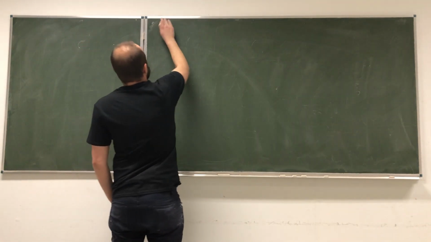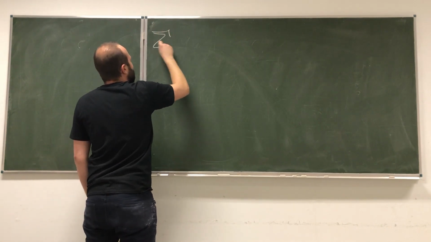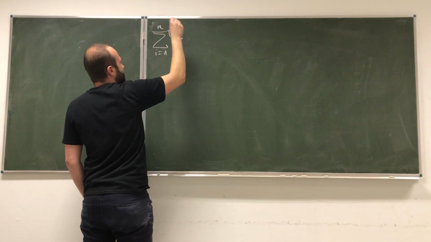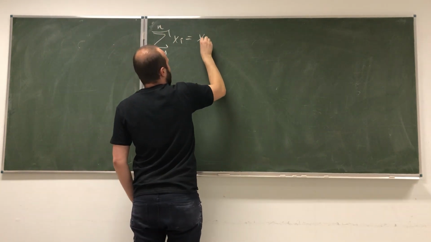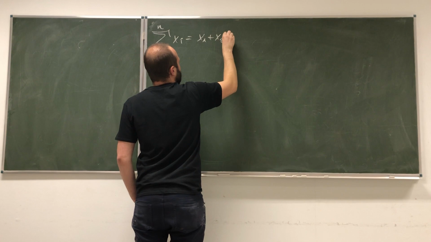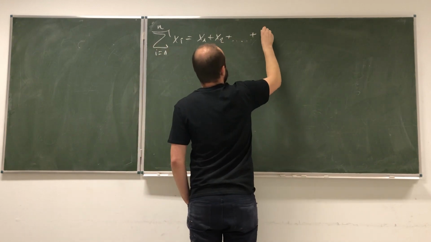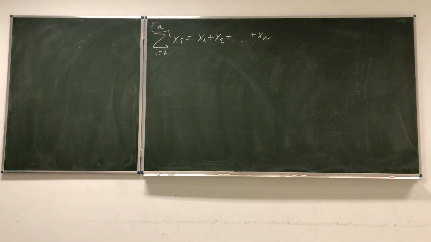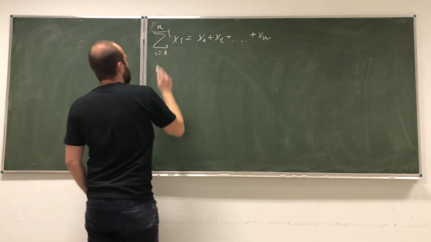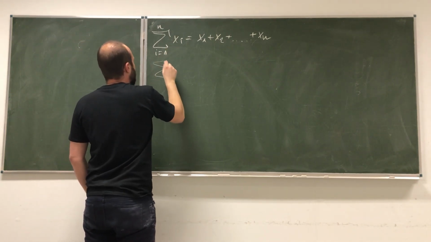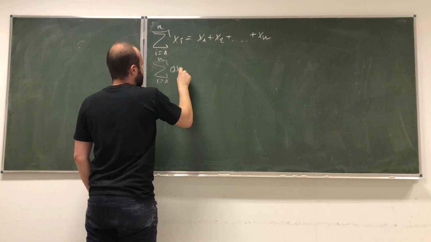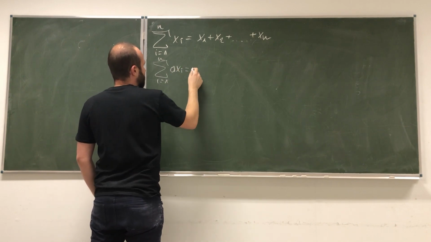Okay? So we remember this. When we have i equals 1, this tells us to add all elements: x1, x2, plus until element xn. Right? Now, we also learned that if I, for example, add a constant a, what will I have?